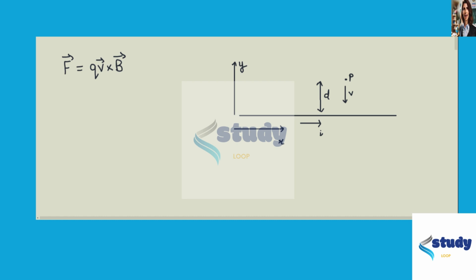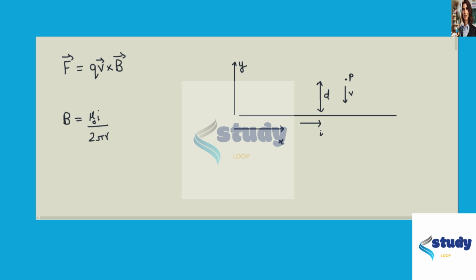Now for that, we need to first find the magnetic field generated by the current carrying wire, and the magnitude of that field is given by the formula mu naught times I divided by 2 pi r, where I is simply the current in the wire, mu naught is the permeability of free space, and r is the distance radially of any arbitrary point from the wire.